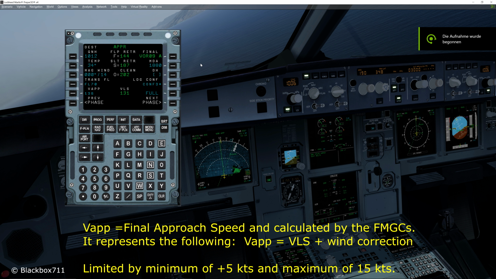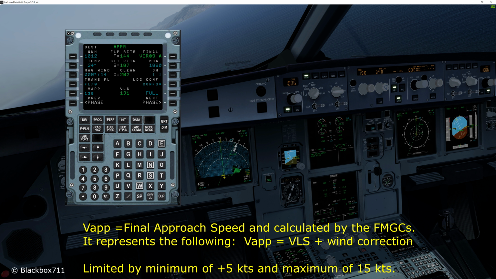Right, the last speed we'll be looking at now is the V-approach speed, and that is the final approach speed, and it's calculated by the FMGCs. Now it's represented by the following formula. So the V-approach equals VLS, either config full or config 3, plus the wind correction. It's limited by a minimum of plus 5 knots and a maximum of plus 15 knots.